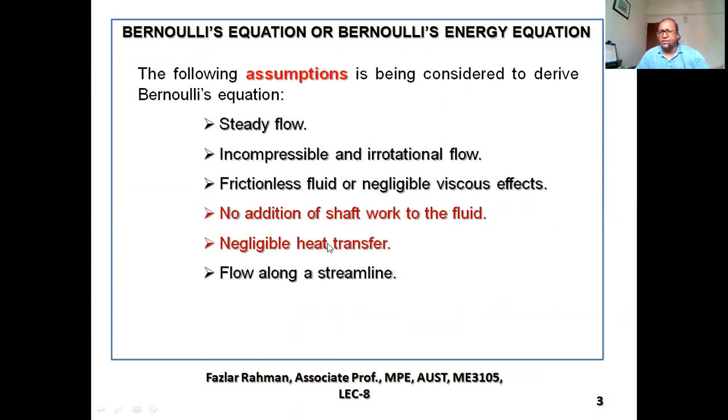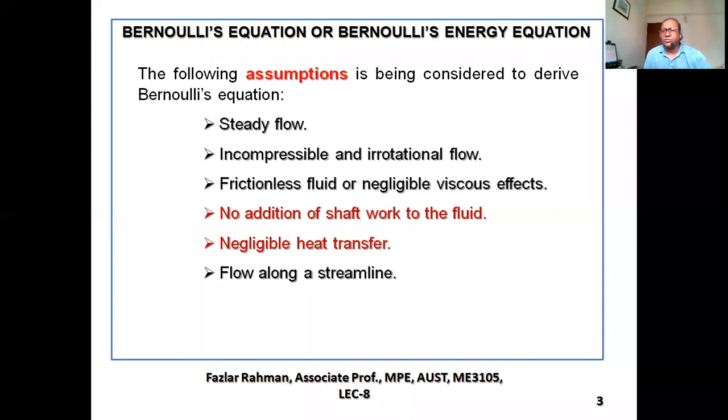Those are the assumptions. The main assumption: we'll consider a cylindrical fluid element flowing along a streamline, right? Then the other assumptions: flow is steady, incompressible, irrotational, no friction or no viscosity of the fluid, no heat transfer to the fluid, no heat taken out from the fluid.